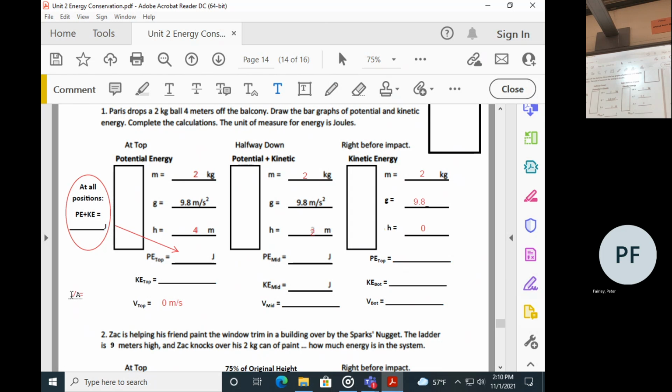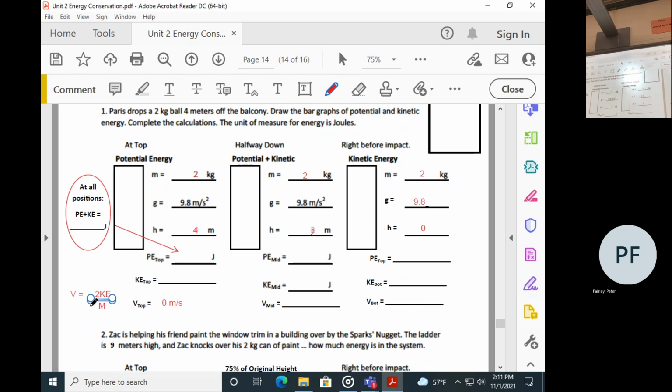V equals 2ke over m. Except it's the square root of 2ke over m. And I don't think there's an easy way to put in a square root.